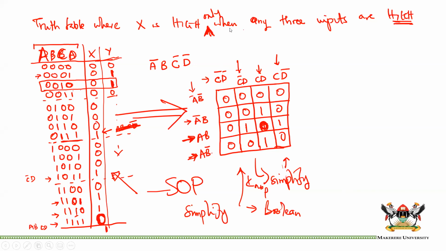I think the only is only when 3. Okay, let us remove NA. Only when 3 inputs are high. I think that is perhaps going to make it, because now we have been invaded by people from SMARC and they are teaching us English. It's only NA3.